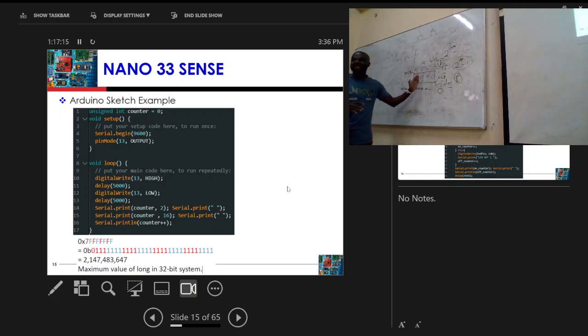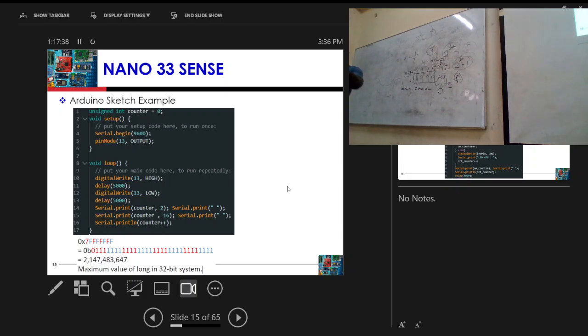So what is the highest number there? 1, 1, 1. If I take out this one that identifies the sign, the highest positive number is 7. 1, 1, 1 is 7. Understood? So that's the highest positive number you can store.